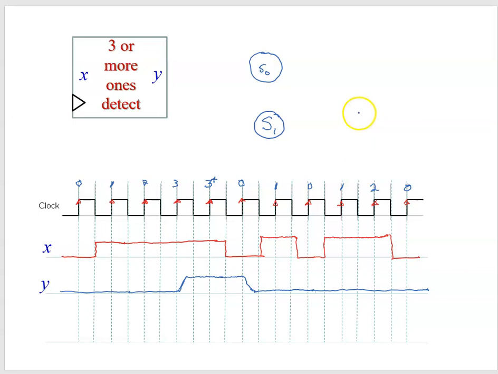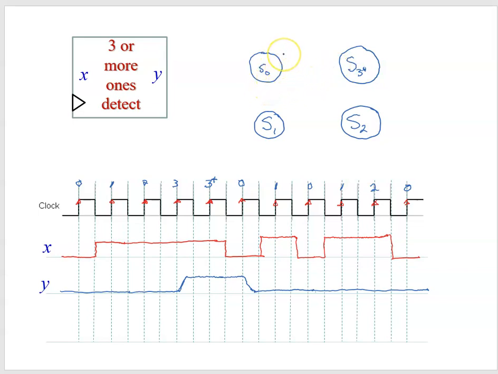We have a state where we have a count of 2, S2. And then we have a state where we have a count of 3. And now do we need to consider more than 3, or can we just have this be 3 or more? And we'll do a little asterisk there.